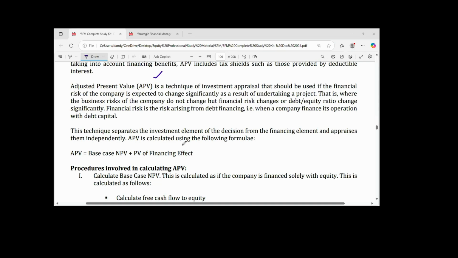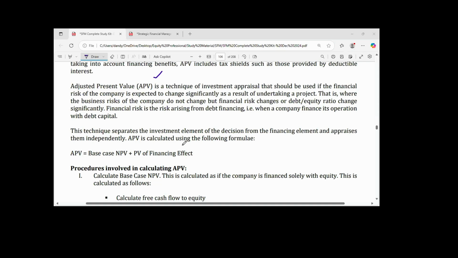I repeat, the first step is to calculate base case NPV. Step 2, you calculate present value of financing effect cash flow. Step 3, you calculate APV. Step 4, you advise on the acceptability of the project.